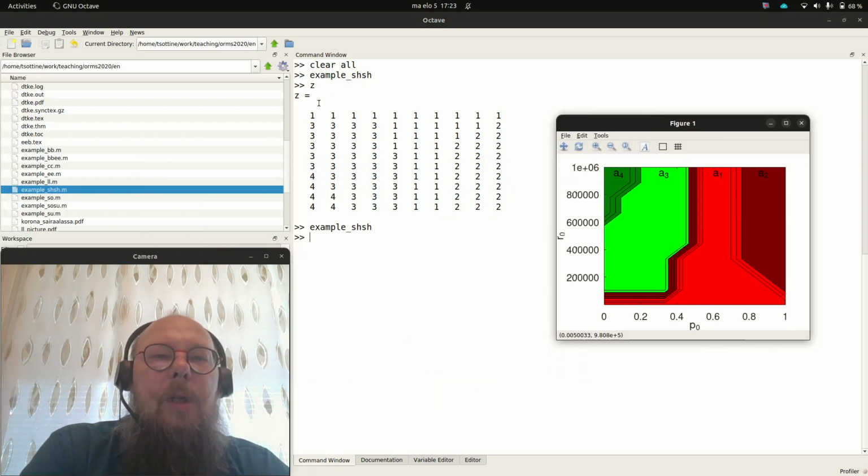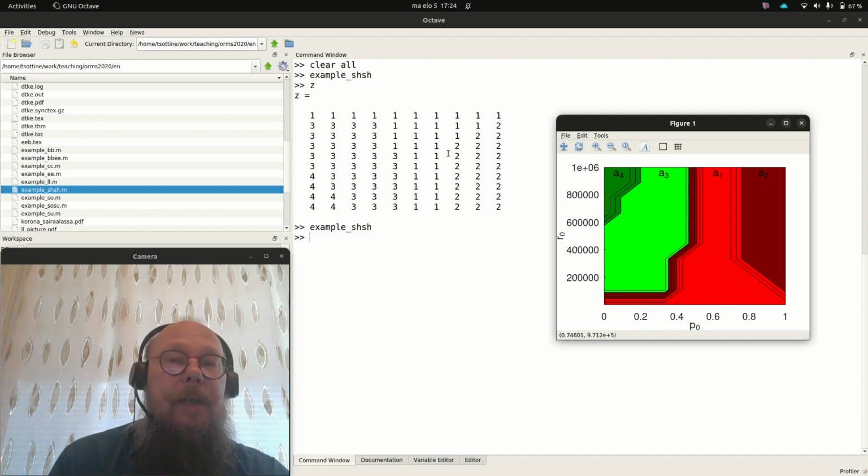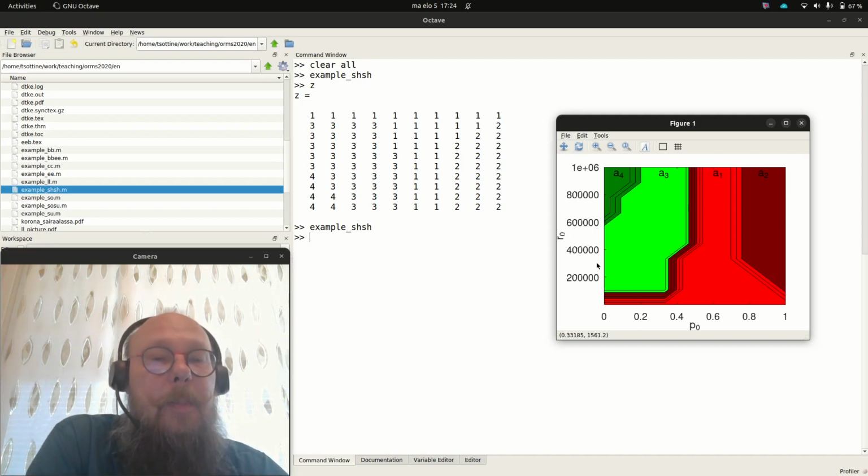It has to be understood that this corner here is this corner here, and this row here corresponds to this row here. So it's flipped. The y-axis is flipped in the Z, where these are the rows and columns, and these are the x-axis and y-axis, or P0 axis and R0 axis to be precise.